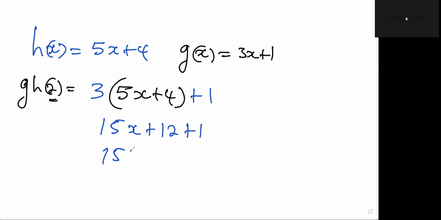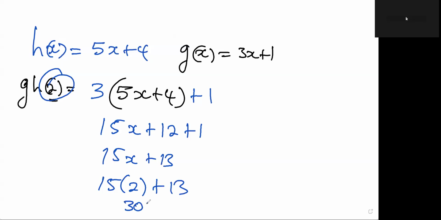So it's 15x plus 13. But we're not finished, right? What we're going to do now, we're going to replace the x with the 2. Because that's what they want us to do, plug 2 in the formula. So it will be 15 times 2 plus 13. So that's 30 plus 13, which is equal to 43.